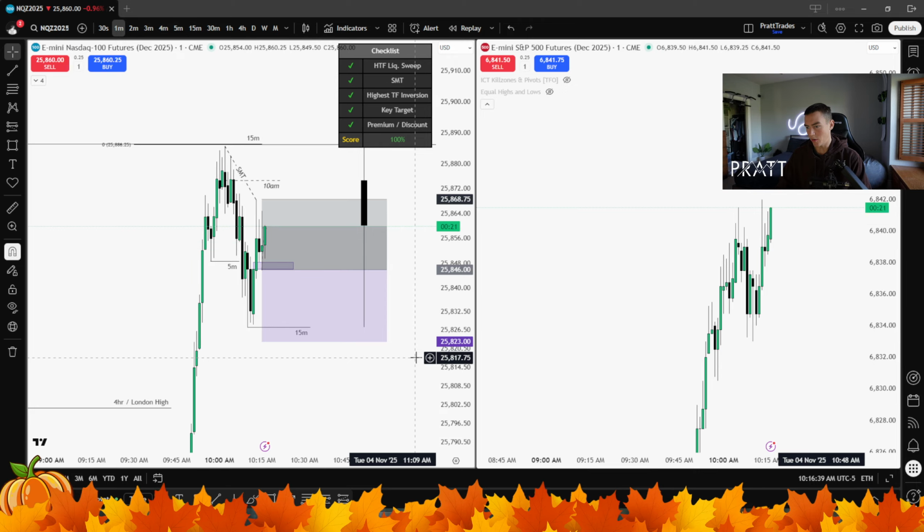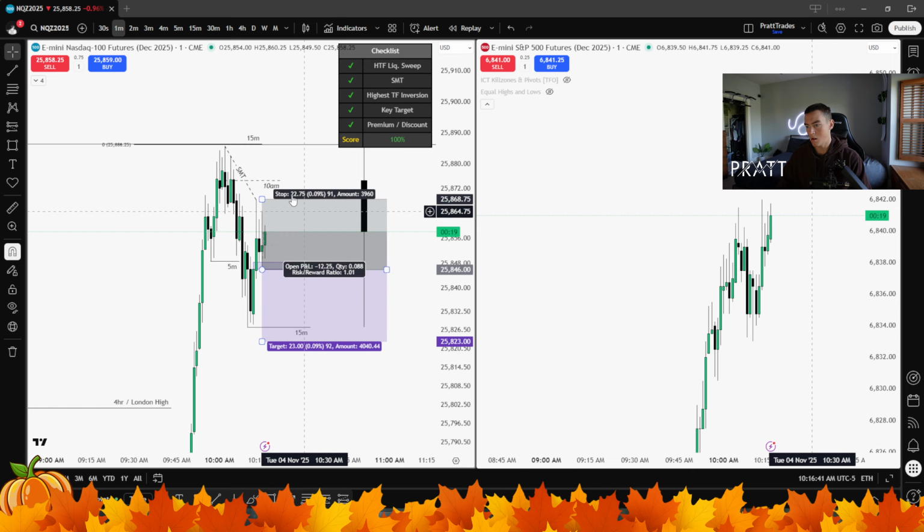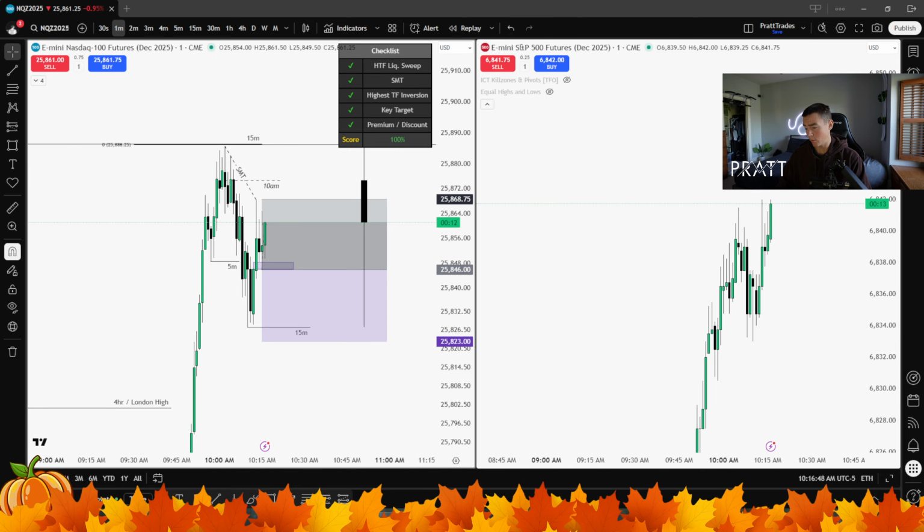Yeah, now there's a bunch of low resistance liquidity below, or sorry, above. We just keep generating this. Okay, yeah. Nope, we're fading this.